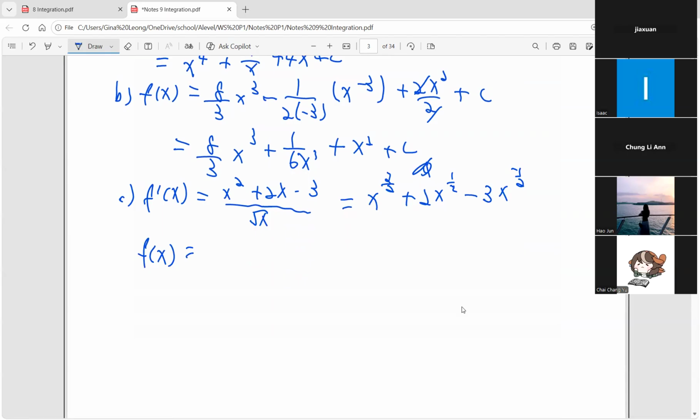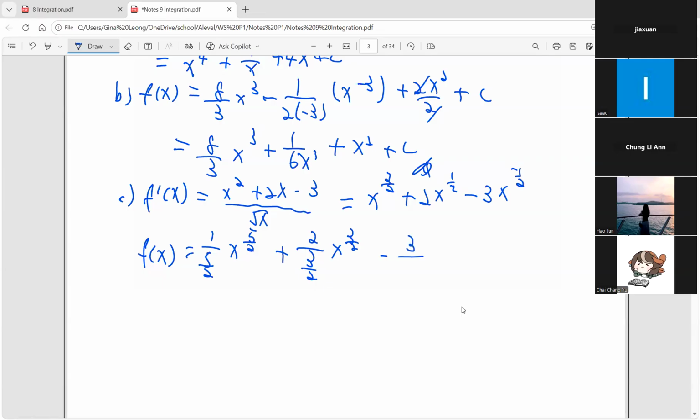So this one is 3 over 2. 3 over 2 plus 1 is 5 over 2. So 1 over 5 over 2, then x to the 5 over 2, plus. This one you do the same thing, plus 1, then you become 2. 1 over 2 plus 1 is 3 over 2, x to the 3 over 2, minus 3.